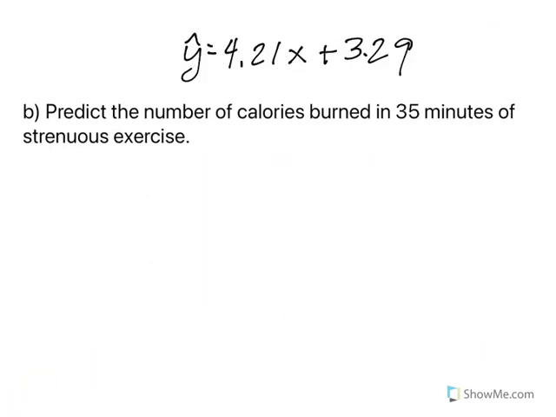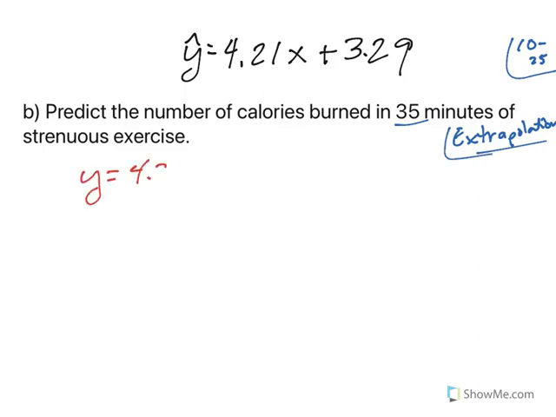Now, let's look at the next one. Let's predict the number of calories burned in 35 minutes. Remember, the range of data was 10 to 25. So 35 is extrapolation because it is outside the values that we have. But let's go ahead and plug it in. So y equals 4.21 times 35 plus 3 and 29/100ths.